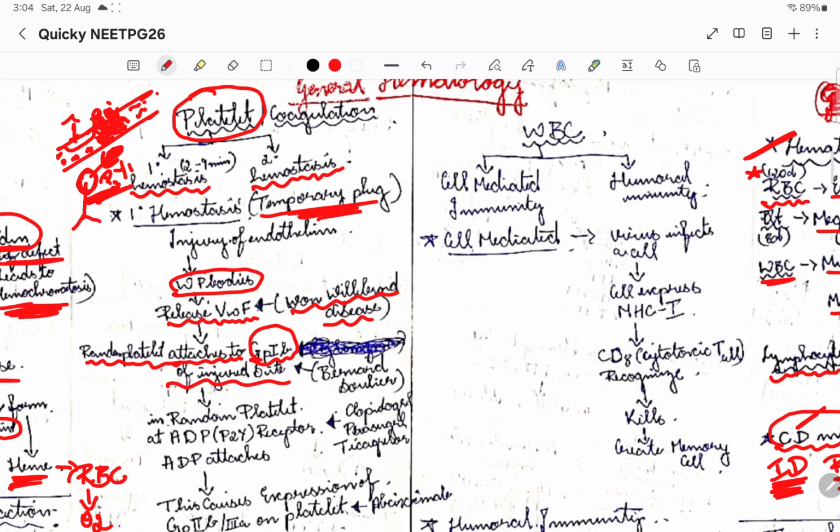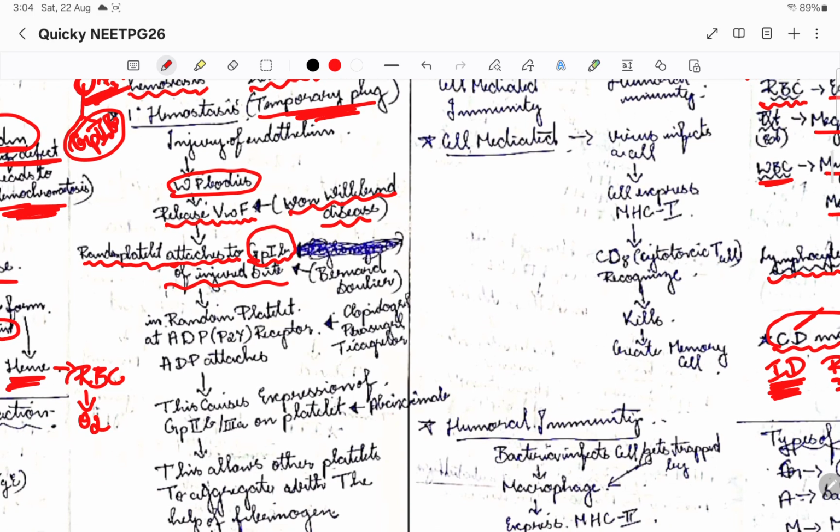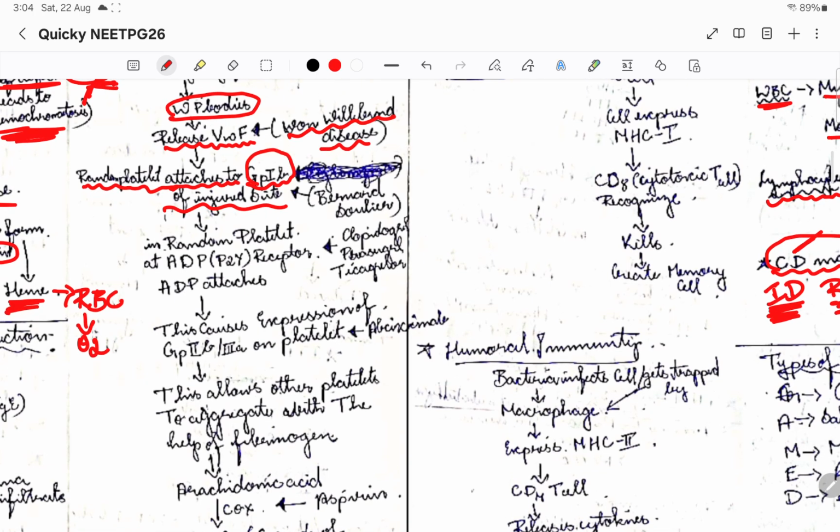GP1B was from the endothelium, whereas GP2B is from platelets. At the GP2B site, the other roaming platelets start attaching in a cascade manner. So this GP2B will allow other platelets to aggregate.